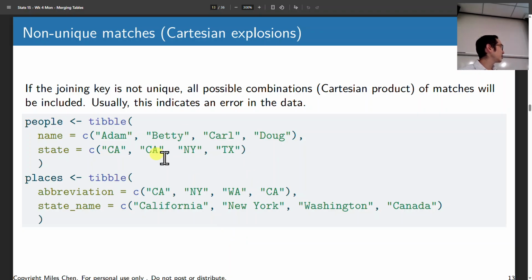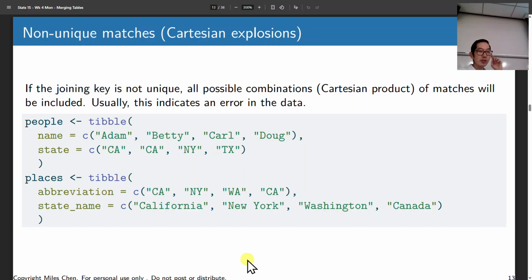Well, the computer doesn't know, or at least not this. Maybe ChatGPT knows, but here it's just going to do what we call a Cartesian product, which generally creates a whole bunch more rows. Basically, it's going to match every instance of CA here with every instance of CA over there.